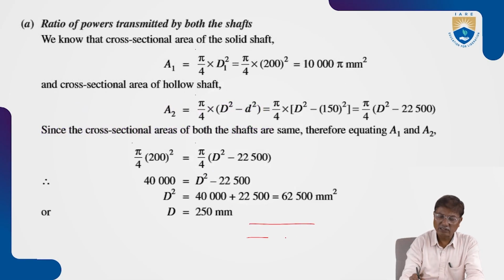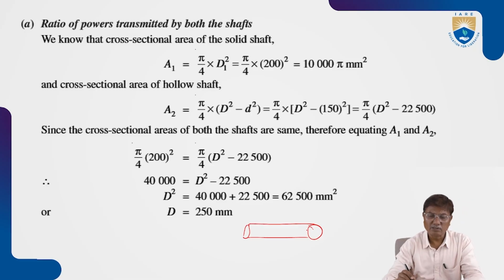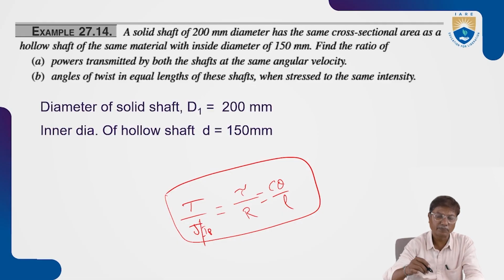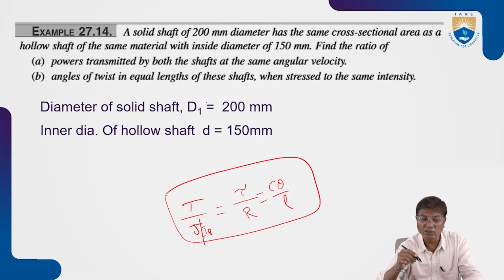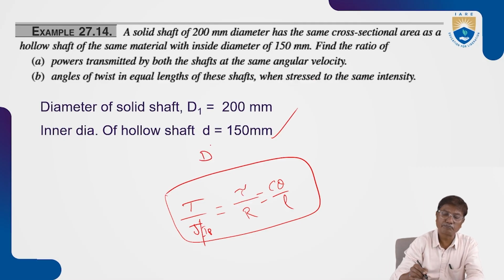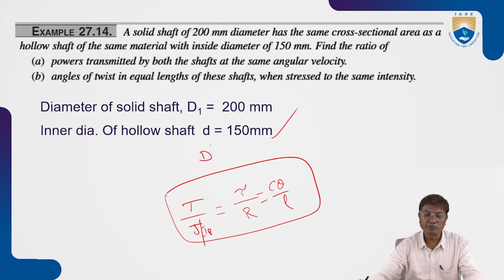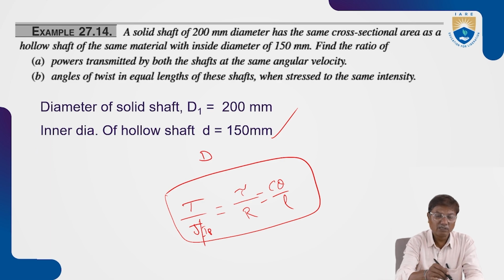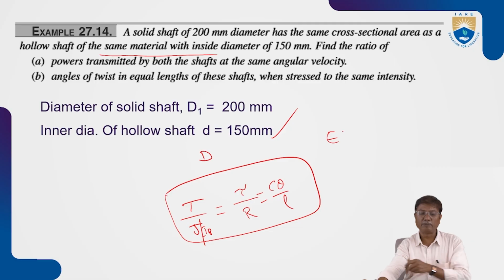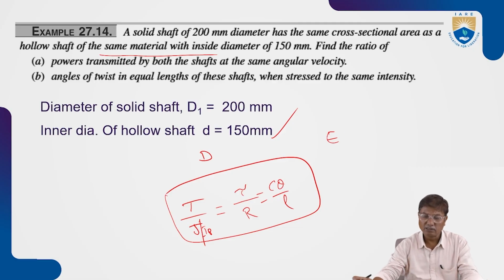Let D1 be the diameter of the solid shaft. The inner diameter of the hollow shaft is small d and the outer diameter is capital D. The materials are the same, so the Young's modulus will be the same and the rigidity modulus will be the same.